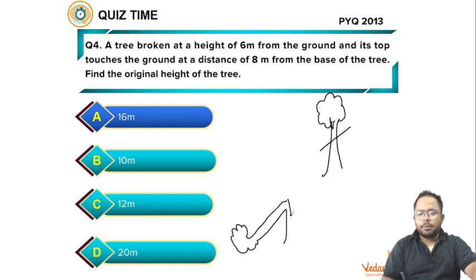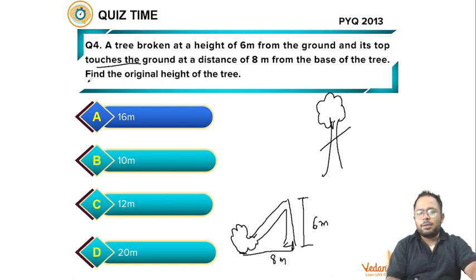It says it is broken at a height: from the ground it has been found that at 6 meter height it got broken. And the top is touching the ground. From there, the base of the tree is 8 meter.